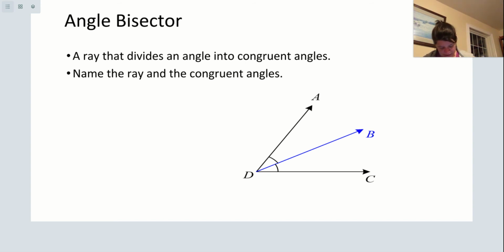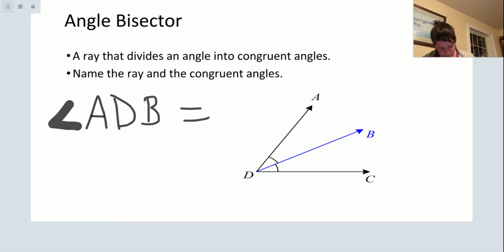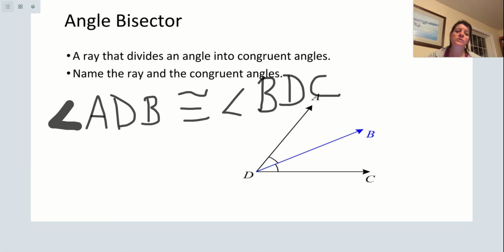We would say angle ADB is congruent to angle BDC. So if I've been told that DB is an angle bisector, then I can conclude that those two angles are congruent. And that's a really important concept for us.